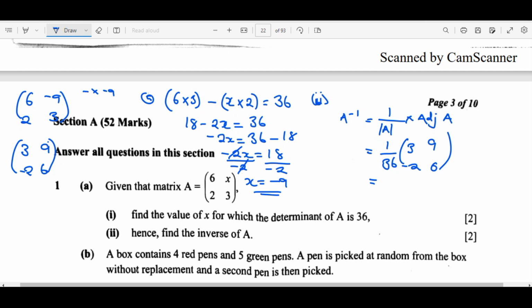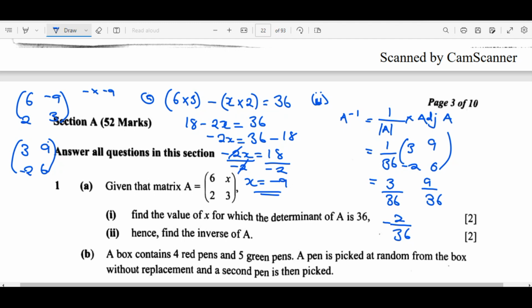So when we multiply, we're going to have 3 over 36, and then 9 over 36, and then when we multiply 1 over 36 by negative 2, we're going to have negative 2 over 36.